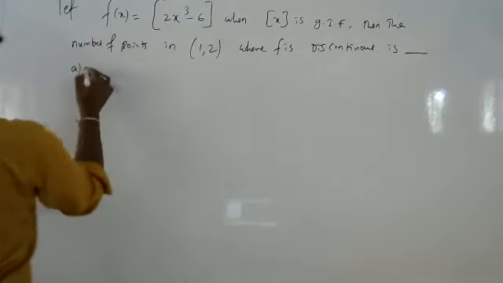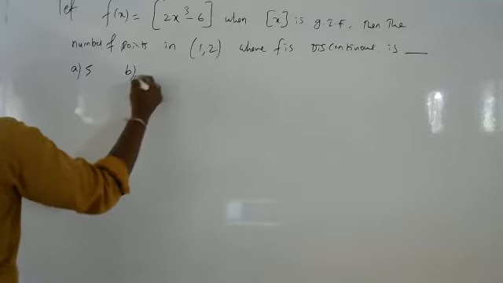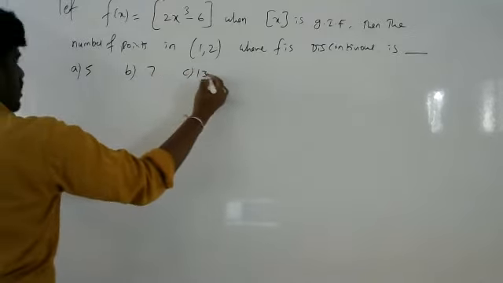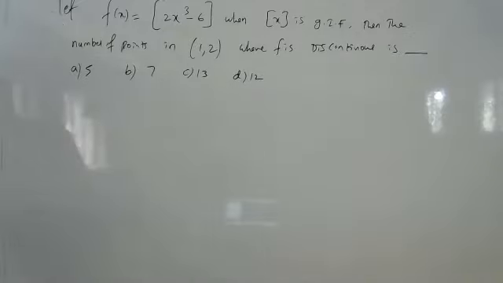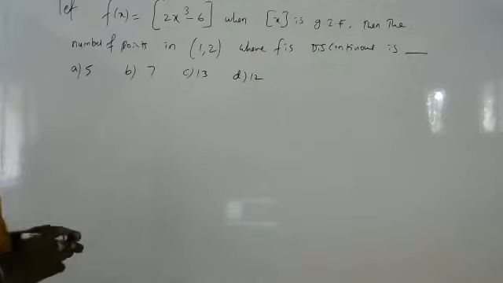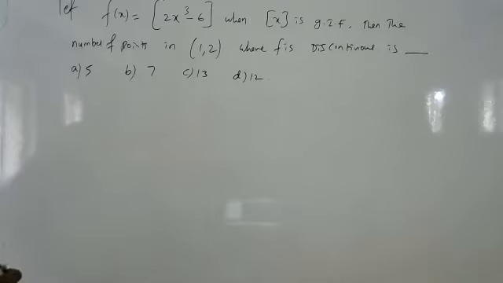Option A 5, option B 7, option C 13, option D 12. That is the question: f of x is the greatest integer of 2x cube minus 6, then the number of points in 1 comma 2 where f of x is discontinuous is dash.